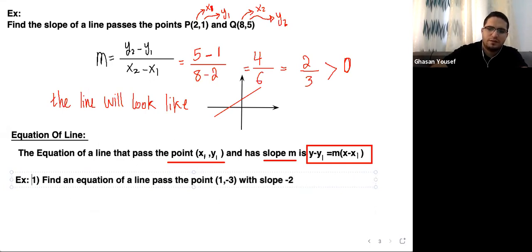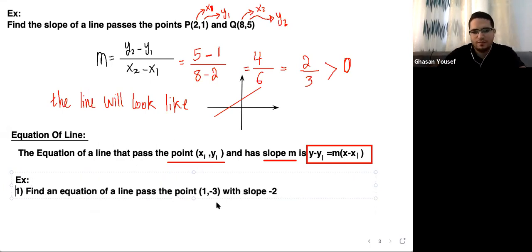So the first part of this example: find an equation of a line that passes the point with slope minus 2. How can we find the equation of this line?